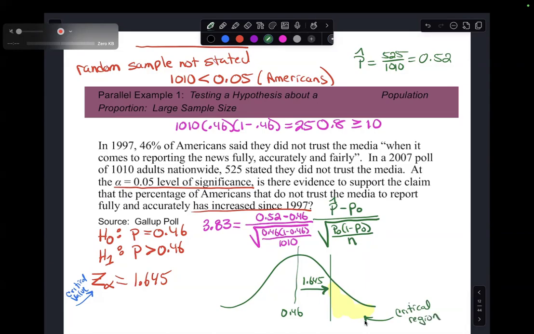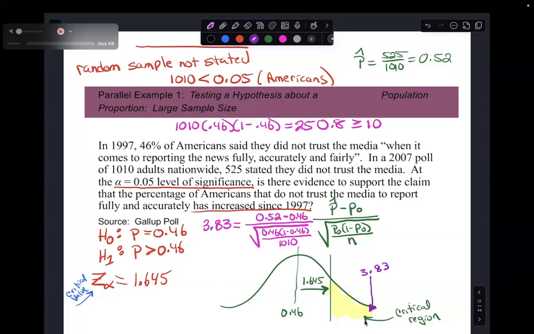My z-score, or my test statistic that I just got, is way out here: 3.83 standard deviations above the mean. It's way out there.